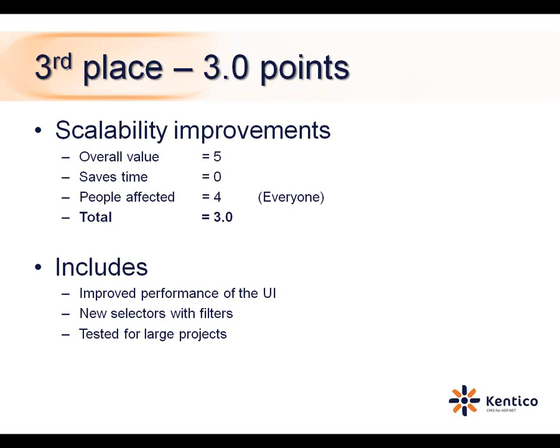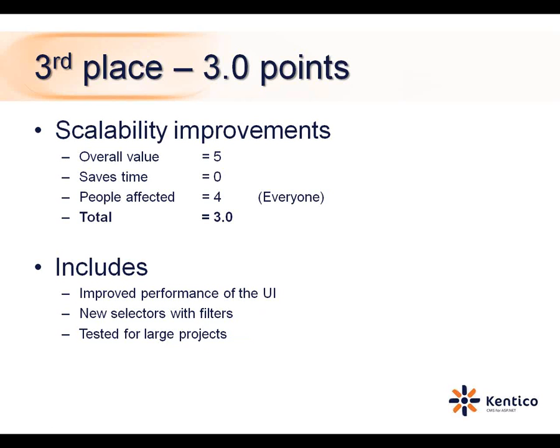What this includes mainly is the performance improvements in the UI. So basically the UI you see, even if you have millions of records in the database, it works fine. And it also includes some new selectors which are closely connected to this, because if you have a million users in the database, you need to be able to select from them effectively.